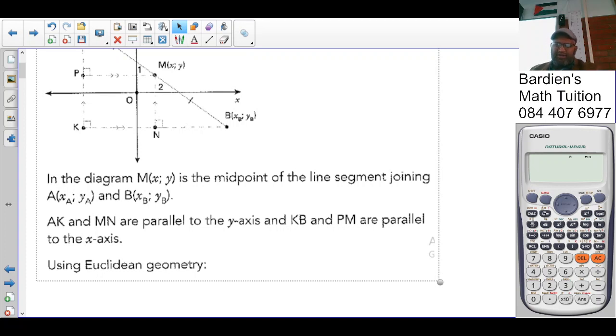Now on page 248, since we only have like 6 or 8 minutes left of this period, I want you guys to read through page 248. And you see how they derived the midpoint formula.